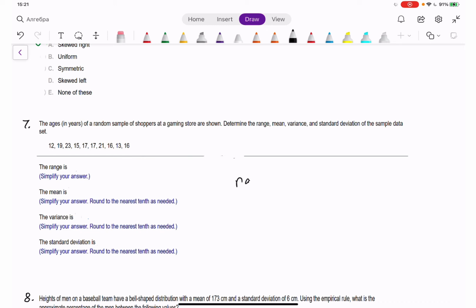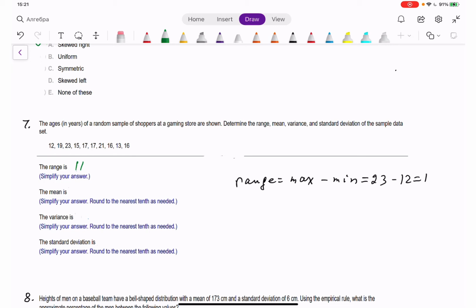Range is max minus minimum, where max is equal to 23, minimum is 12, so 11. Okay, the range is 11.